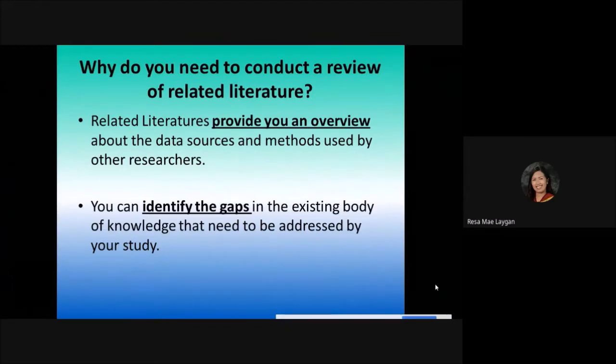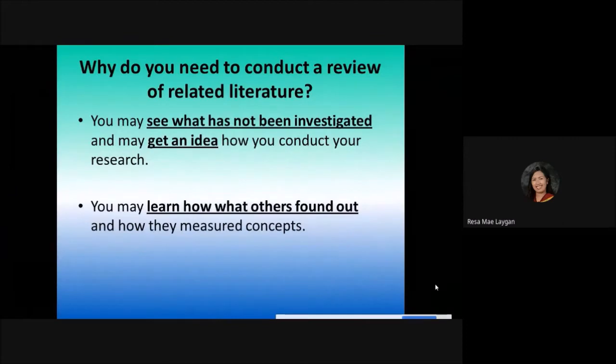We already have a lot of existing researches, but you have to identify what are the gaps, what are the things that you need to consider that will add value to your study. And you may see what has not been investigated and may get an idea on how you conduct your research.